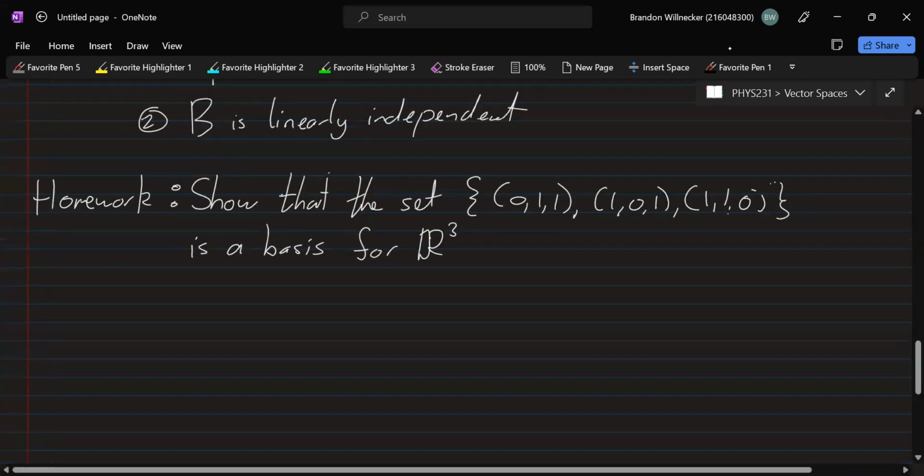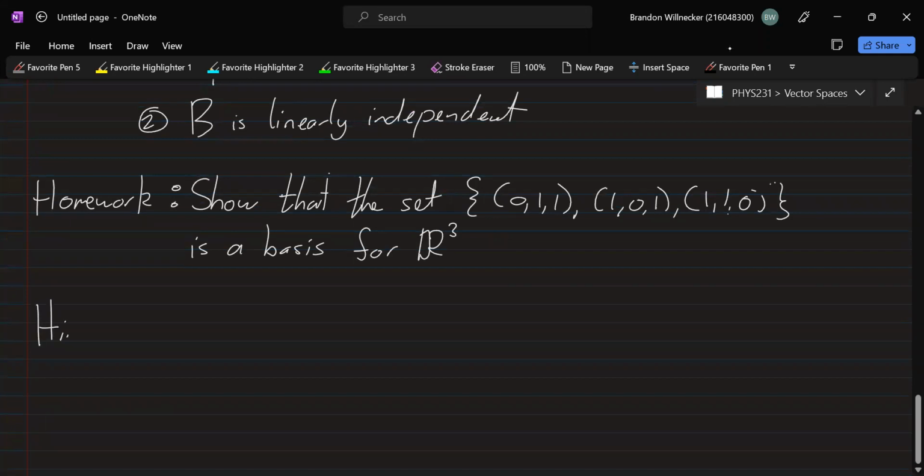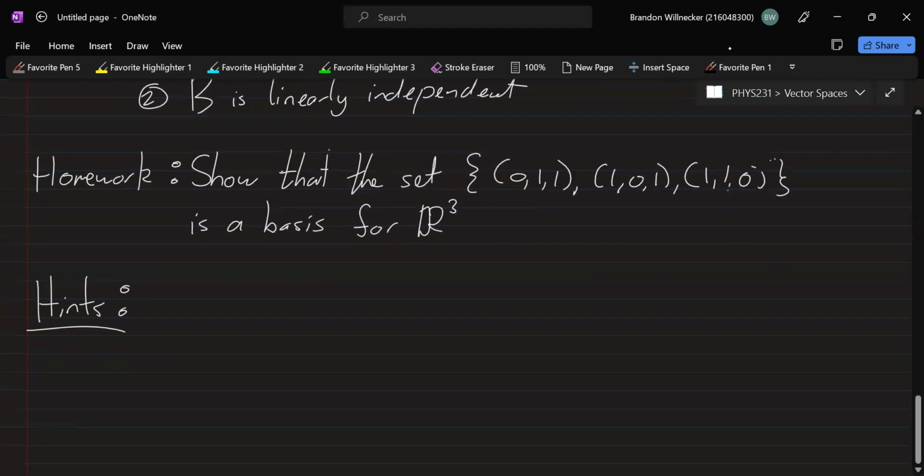Okay, so I'll just give you some hints, just a bit of advice on how we can solve this. So the first thing, we need to show that it spans the space.